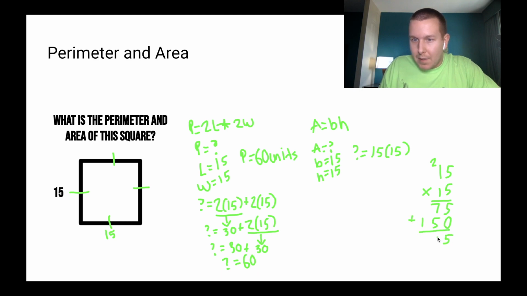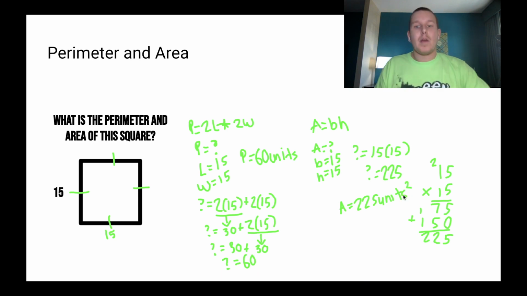That's going to give us a 5, a 12, and a 2. So question mark equals 225, and A is going to be 225 units squared. So we found the area and the perimeter of the square.